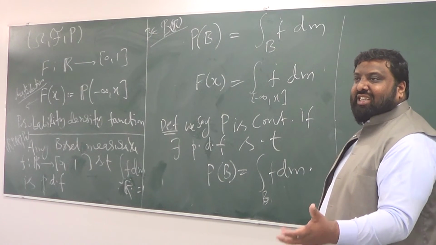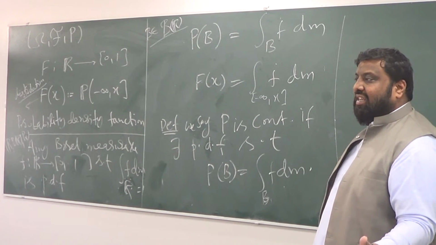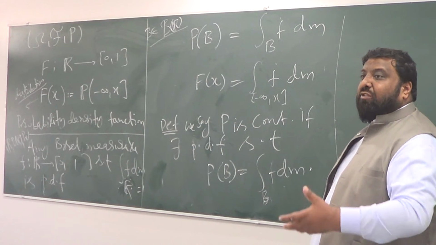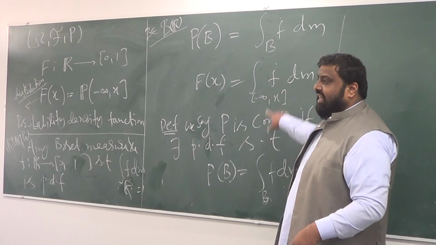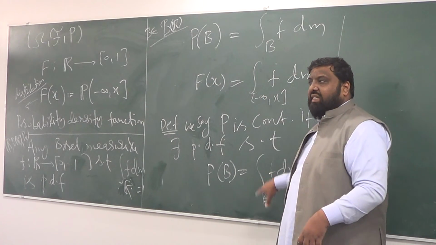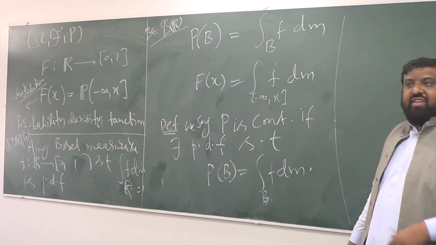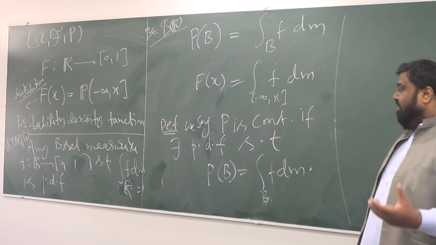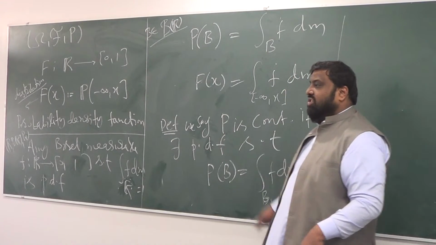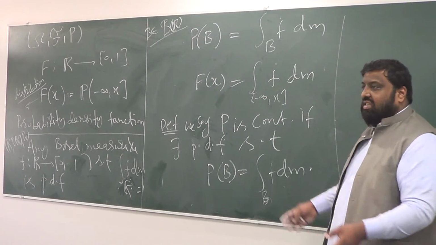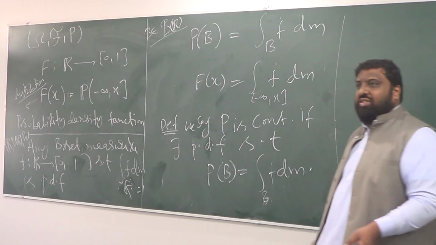It's not necessary that you should always have a PDF to compute probabilities. But if you do have one, you can compute through the Lebesgue integrals. And if in a certain situation you have a probability density function, you're going to call such a measure or such a distribution a continuous or absolutely continuous distribution.